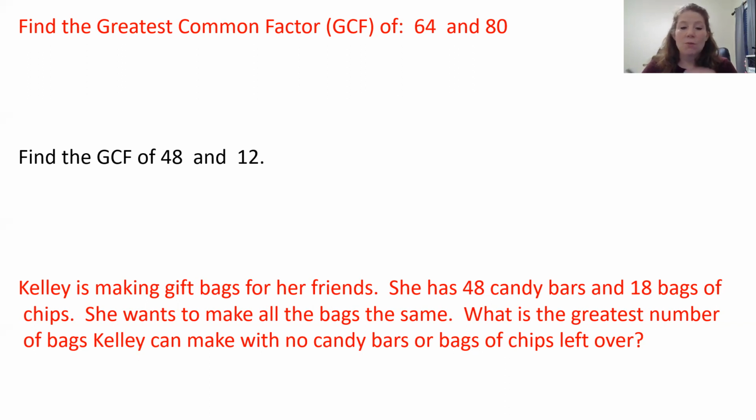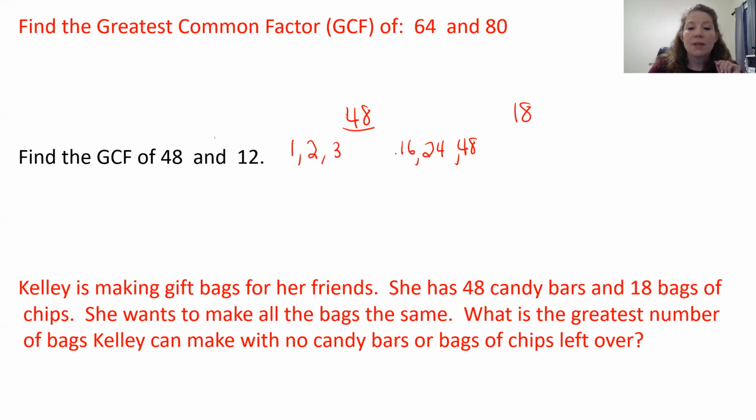So what are we going to do? Let's start by finding the greatest common factor. There's 48 candy bars and 18 bags of chips. So what are the factors of 48? We have 1 and 48, 2 and 24, 3 and 16, 4 and 12, and 6 and 8.